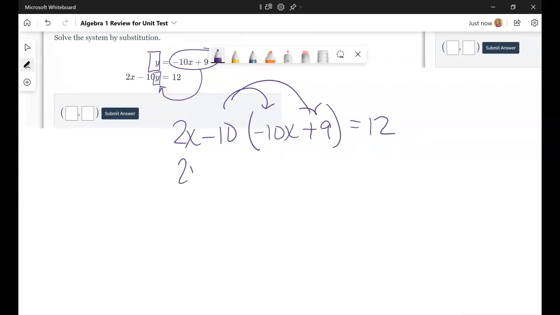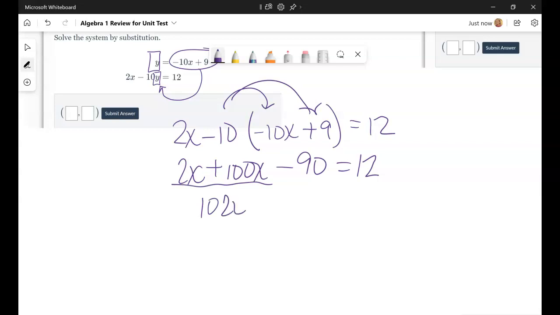So this is 2x. Y'all know you're supposed to multiply negative 10 times negative 10x? Minus 90. Does 90 need an x? So what do these come up to be? I feel like x would be 6 or 10.